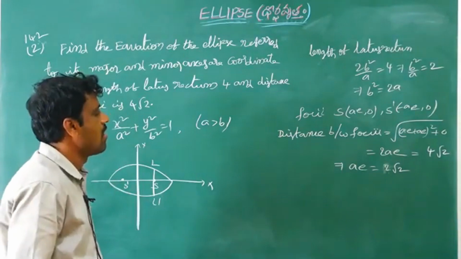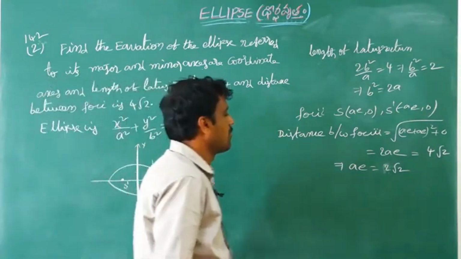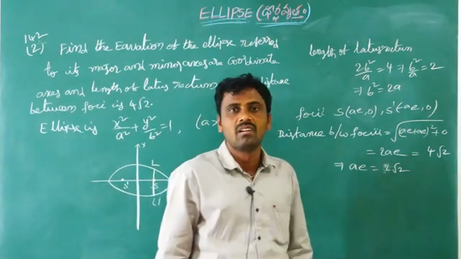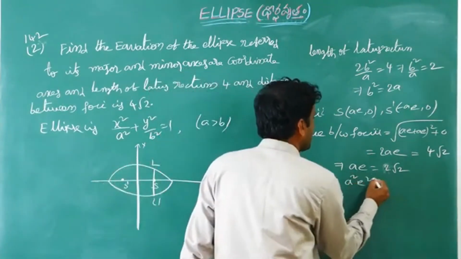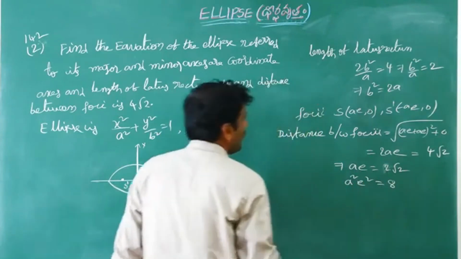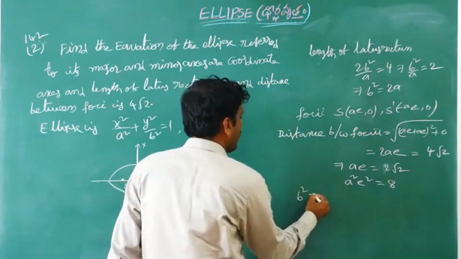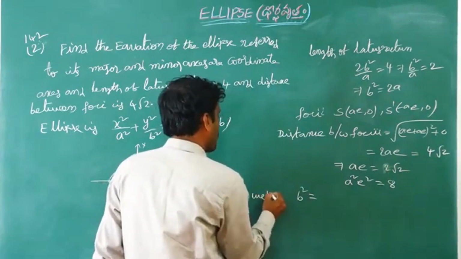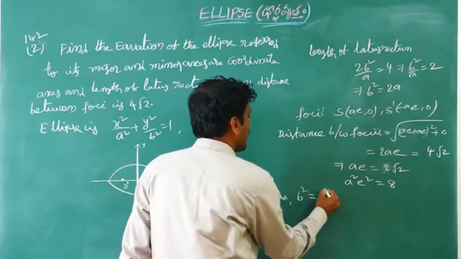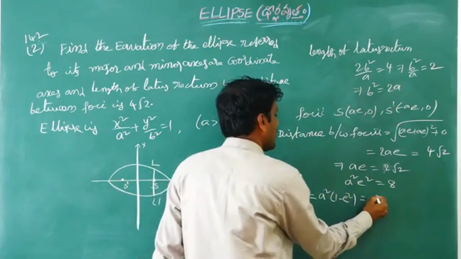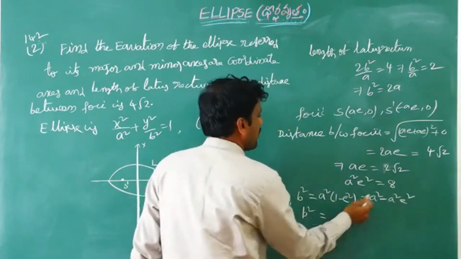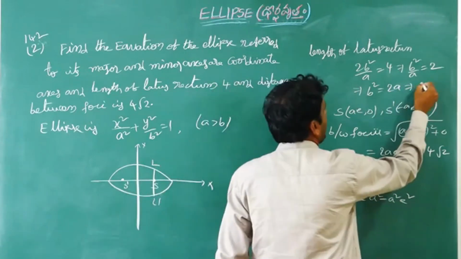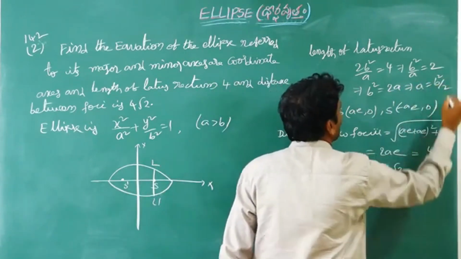Next, b square equal to a square into 1 minus e square. Squaring on both sides, a square e square equal to 8. We know that b square equal to a square into 1 minus e square, that is a square minus a square e square. b square equal to 2a means a equal to b square by 2.